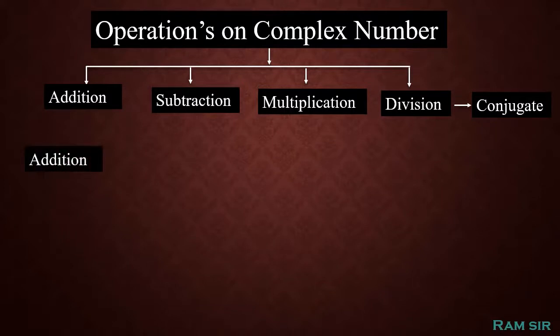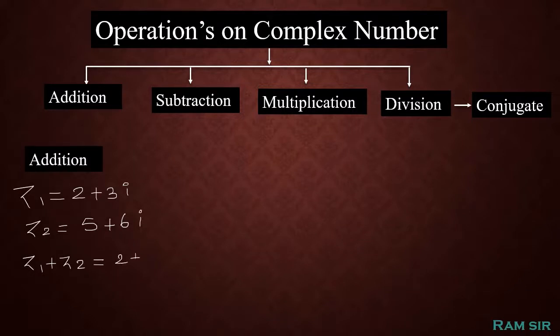Let's understand an example of addition of complex numbers. Let z1 be equal to 2 plus 3i and z2 be equal to 5 plus 6i, and we have to find the answer of z1 plus z2. So simply add them.